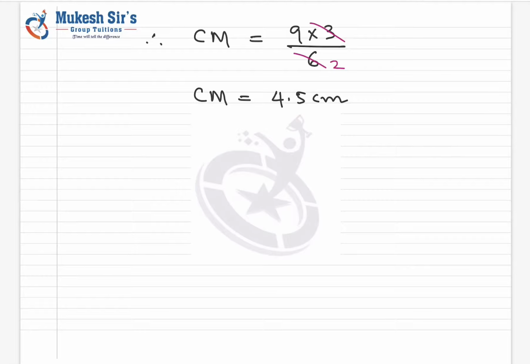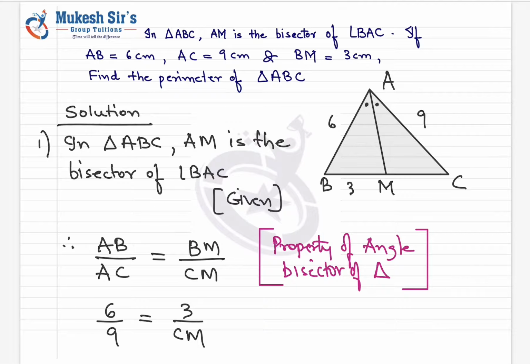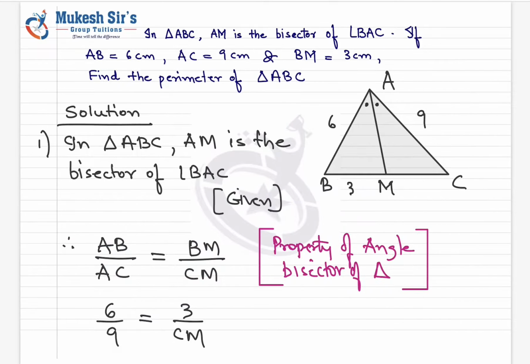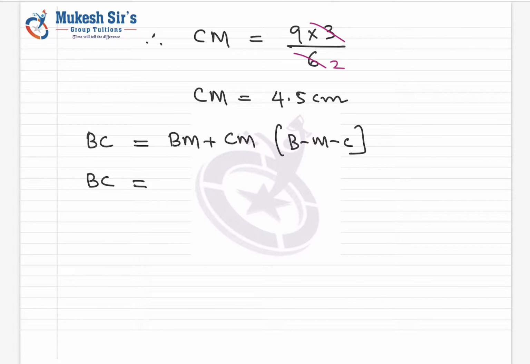Clear? So BC will be how much then? CM 4.5 मिला ना. So BC is equal to BM plus CM. So BC will be equals to BM plus CM becomes 3 plus 4.5. So that is equal to 7.5 centimeters, right?